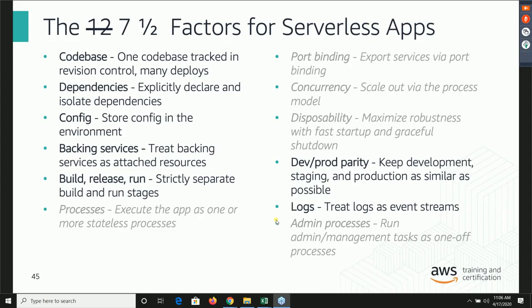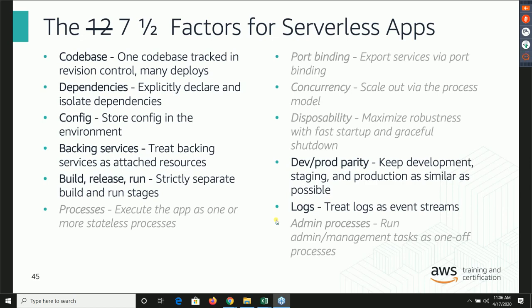For example, if you're running the same function in dev, stage, or prod, your environment variables can actually contain your connection strings or other key-value pairs that define the environment they're in, and so that completely becomes outside of the main function code itself.